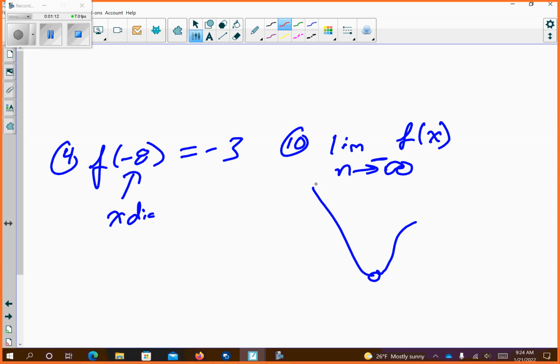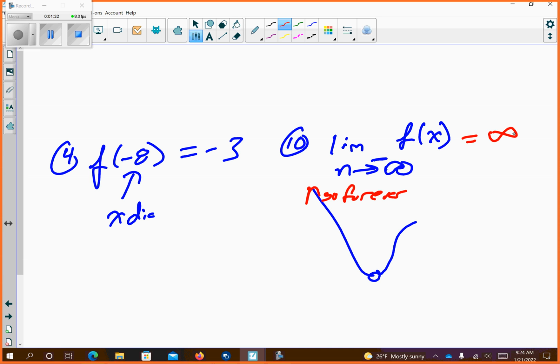I think this is going to go forever in that direction. I think we've seen all of the turns. So it's going upward forever, so this is going to positive infinity because it's heading up. Does that make sense?